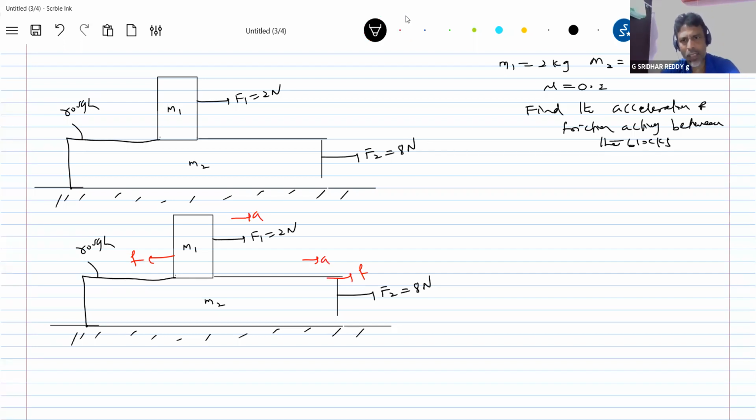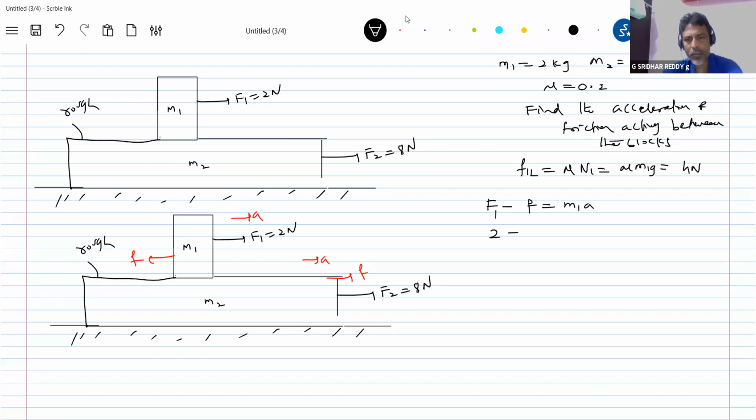So what is the limiting friction? Again, the value of limiting friction we must have is mu into N1, mu into m1g. So this should be 4 Newton. Okay, let's come to writing the equation. F1 minus F equal to M1A.